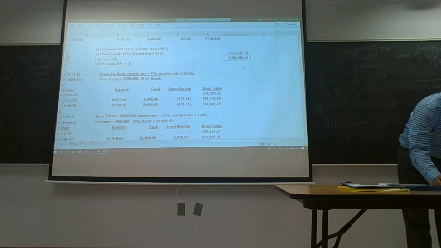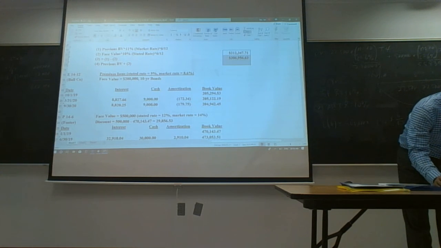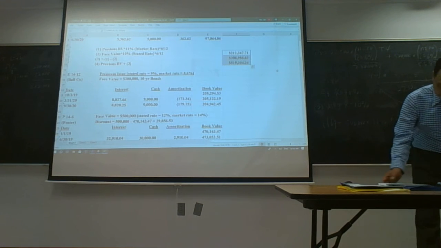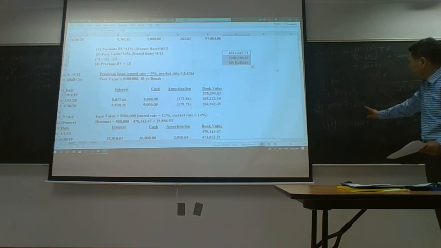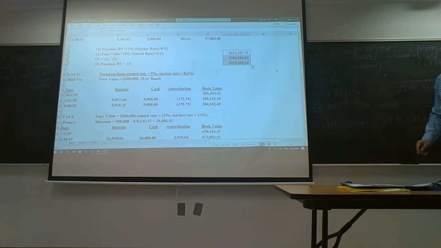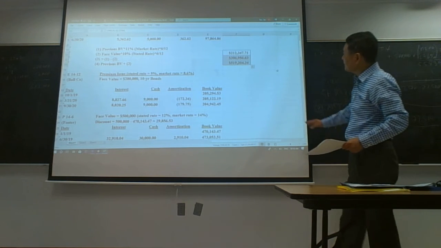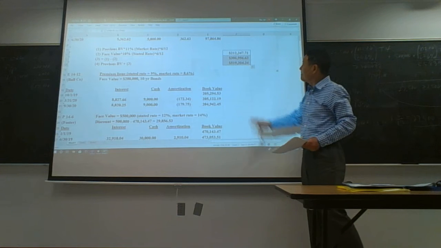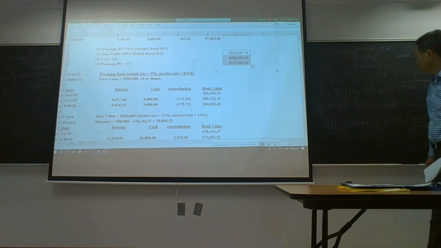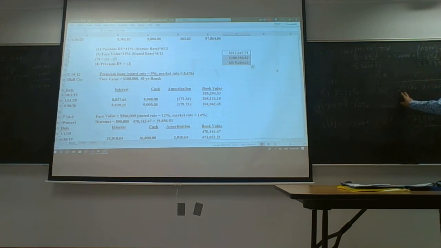Okay, so the price of the second bond is $519,304. The payment is the same because of the same stated rate, right? Payment is the same, but the discount rate is 10%, so it would be 5% for 6 months.